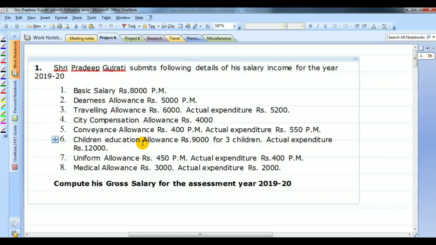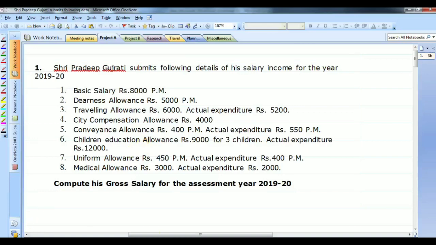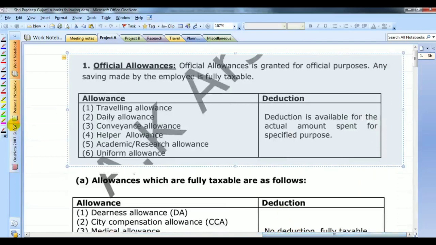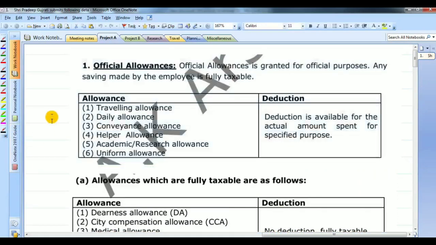Okay, one by one we will be discussing these allowances, but before that, I want you to note down all the allowances which we will be discussing in the chapter on salaries.